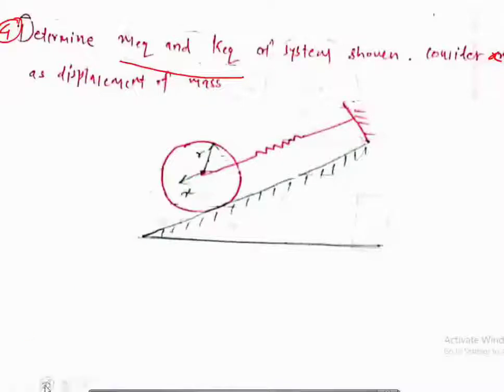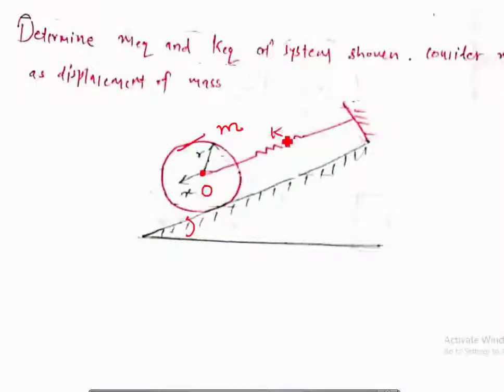Now you can see in this diagram that this is point O, and this is a mass M which is rolling on an inclined surface at some angle, and R is the radius.